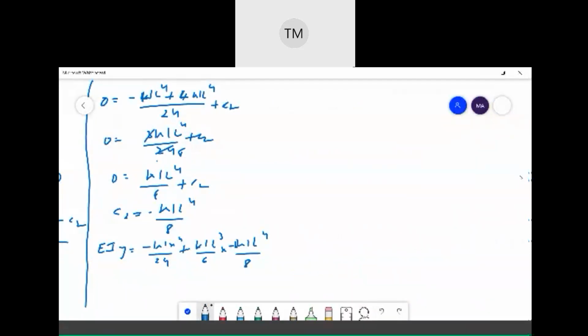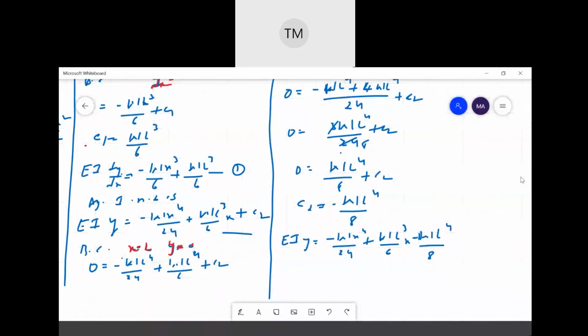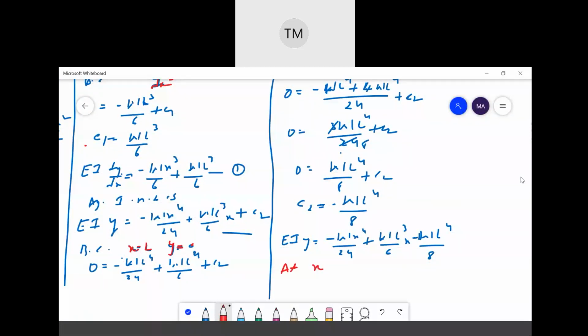for this deflection equation I have, that is 1 I have written here. From this deflection equation, if I substitute at x is equal to 0 at free end x is equal to 0.